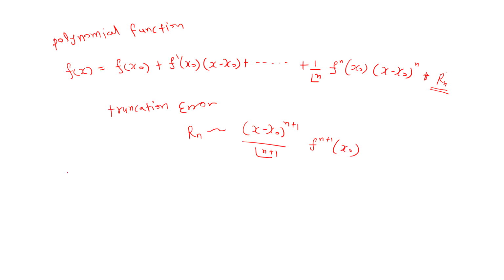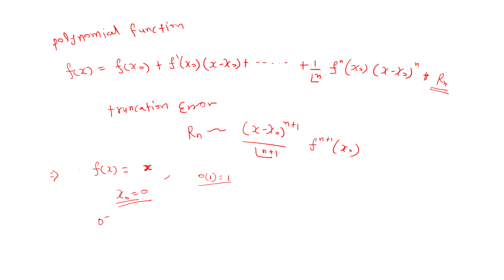So suppose my polynomial is of first order. Suppose I have a function f of x that is a first order polynomial, and that is x. Let's do one thing: x naught is equal to 0.